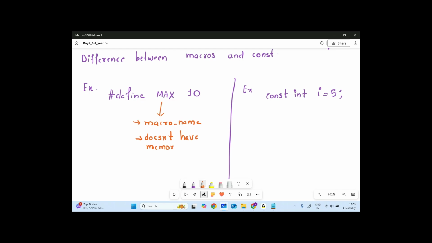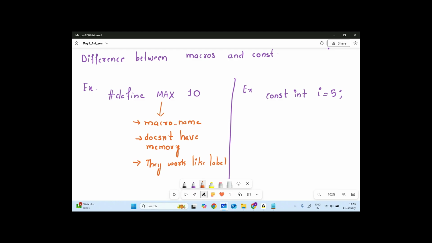There is no memory allocated for MAX. Macros work like a label. Wherever MAX is present in the program, first it will be replaced by its value. Only replacing happens. These macros do not have a memory. They work like a label, just like a sticker or a nameplate.